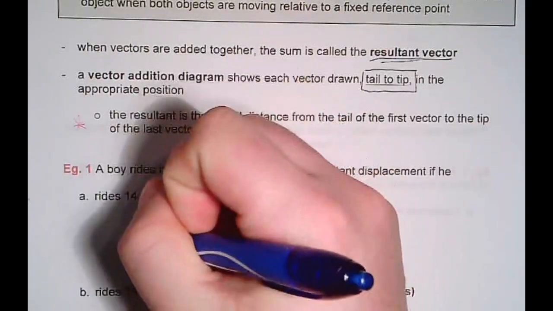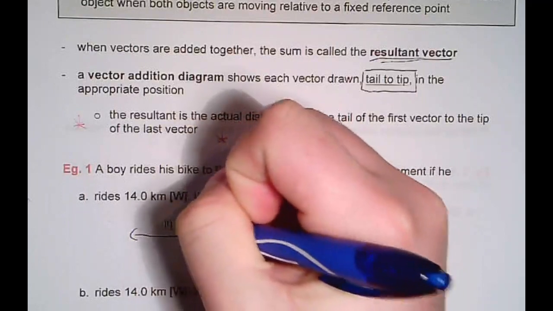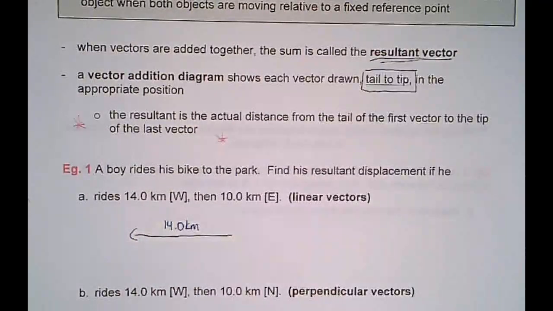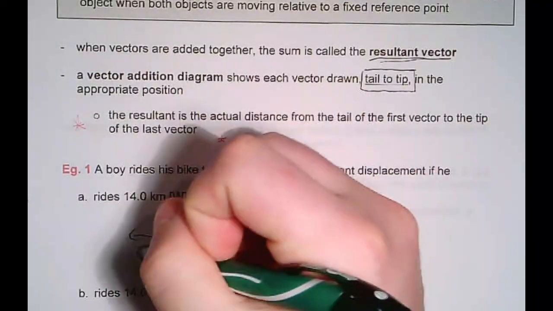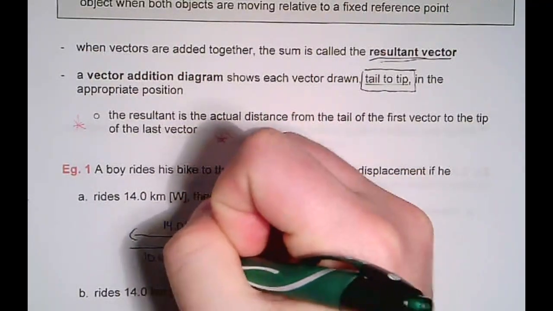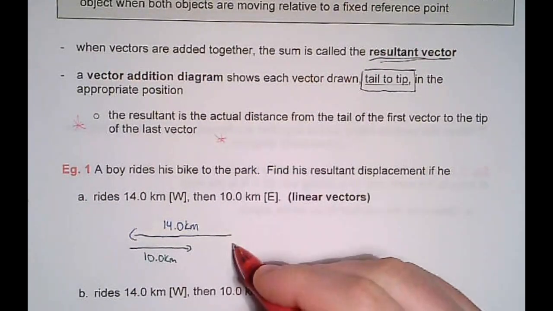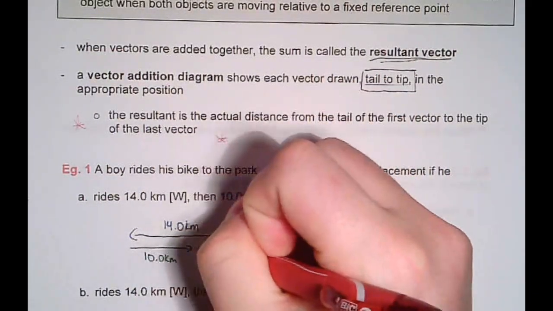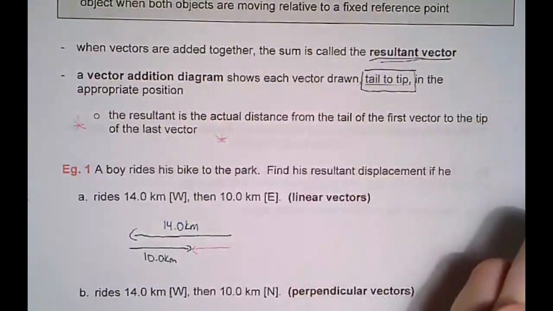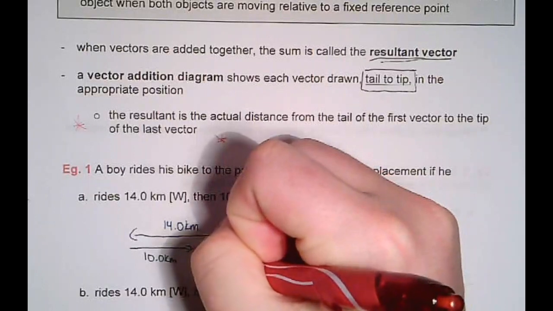So he first goes 14 kilometers west, then he turns around and comes back 10 kilometers east. So if we go from the tail of the first vector to the tip of the last vector, that's his resultant displacement. We represent that with displacement r.